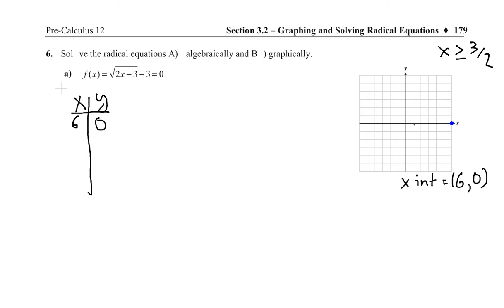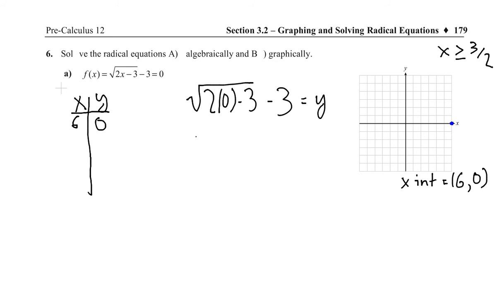So now, the next logical step, let's look for a y-intercept. When you want to find a y-intercept, you set all the x's to 0. So we can do 2 times 0 in the radical minus 3, minus 3 is equal to y.